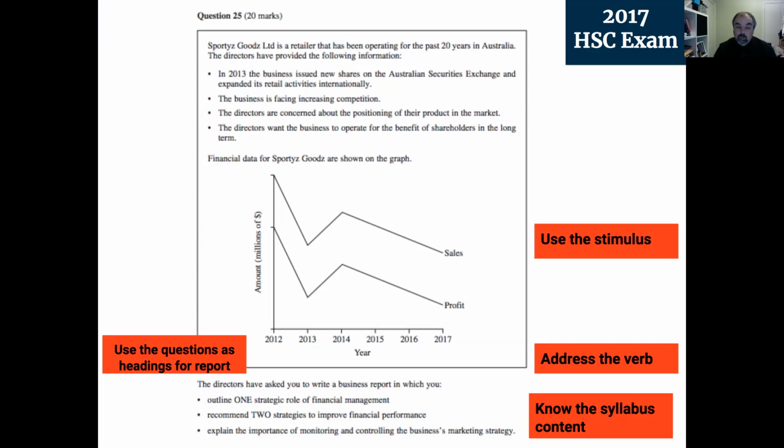So again, we would use the questions to develop our headings. And then the verb is obviously a focus there. So when we're outlining the strategic role in the syllabus, we've got interdependence, we've got the objectives, and we've got the strategic role itself, that long-term financial planning and using the resources of the business.